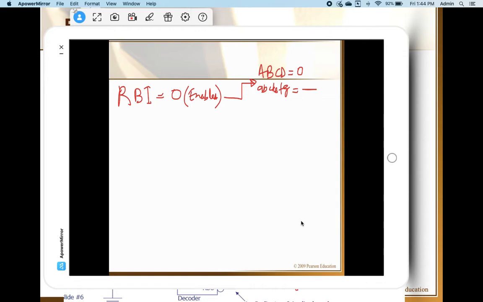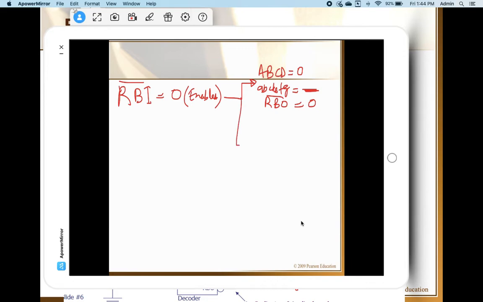At the same time, the RBO line also outputs a 0 to indicate that our display is blank. This is condition number 1.